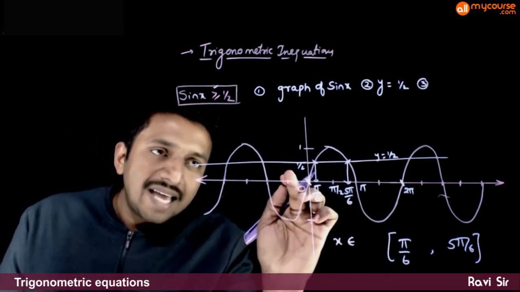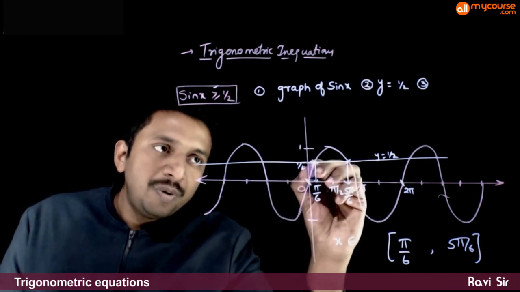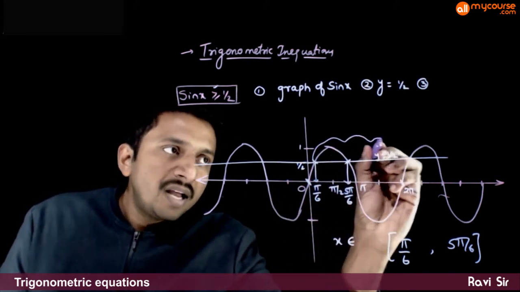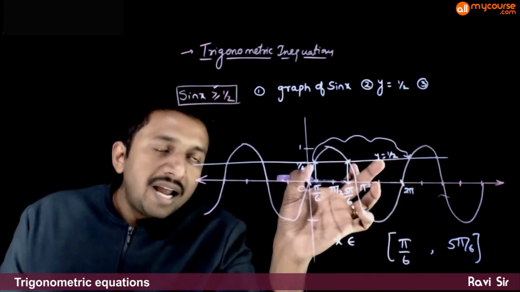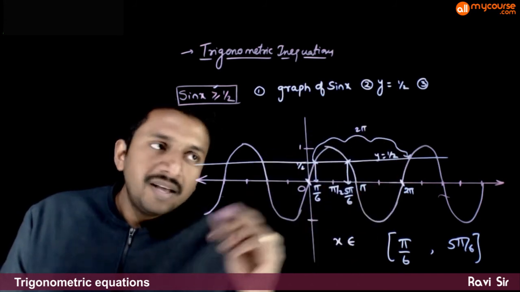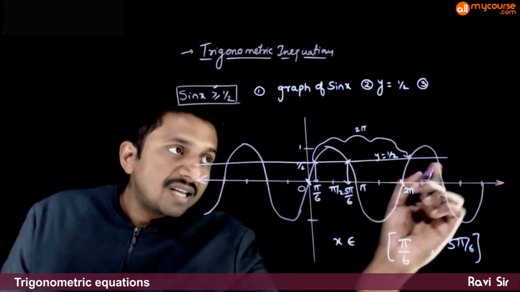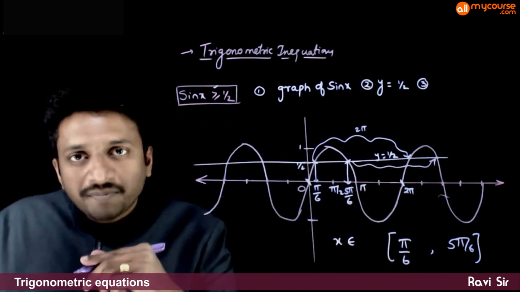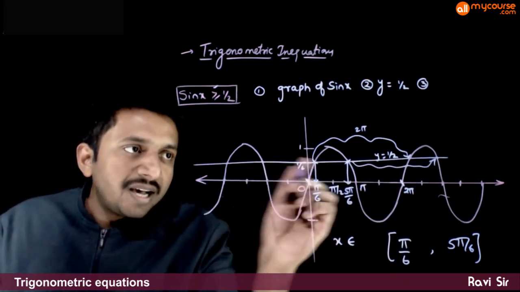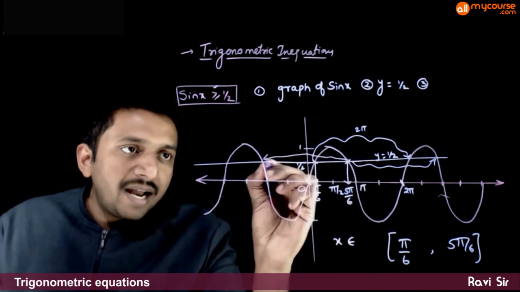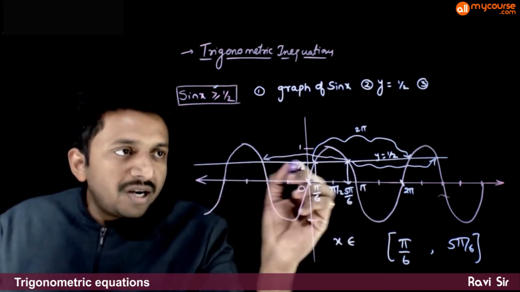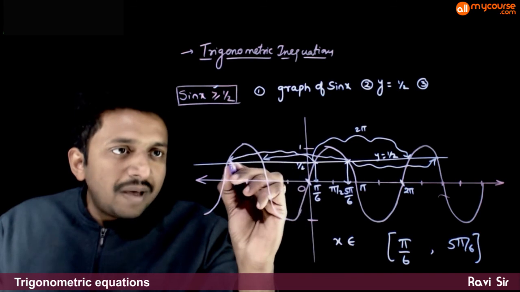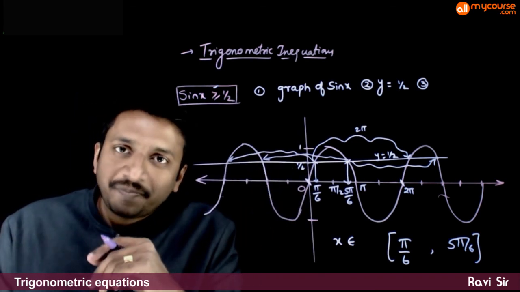Obviously, if sin x is equal to half at pi by 6, due to periodicity, it will be equal to half at exactly this point at a distance of 2 pi from this. And 5 pi by 6 corresponds to this point moved at a spacing of 2 pi. Similarly, this point corresponds to this moving back at a distance of 2 pi.